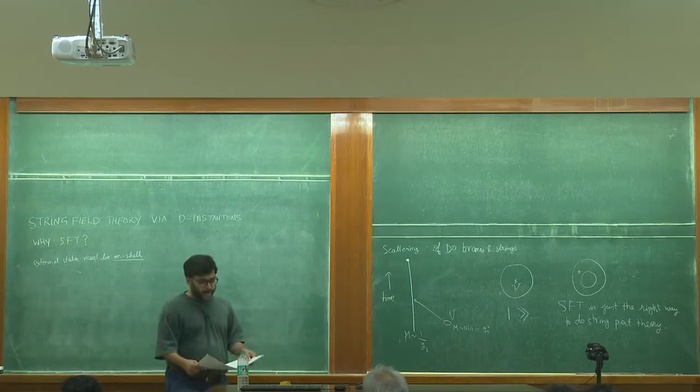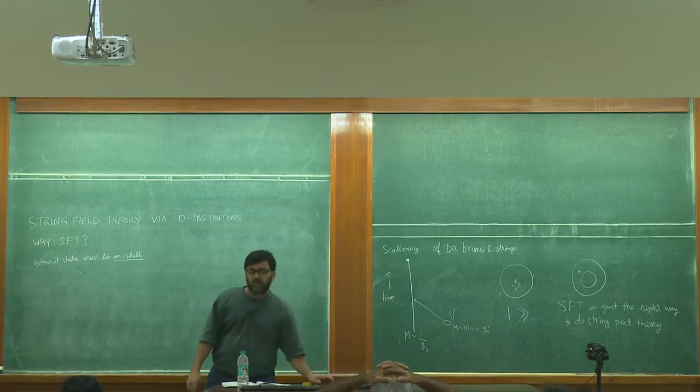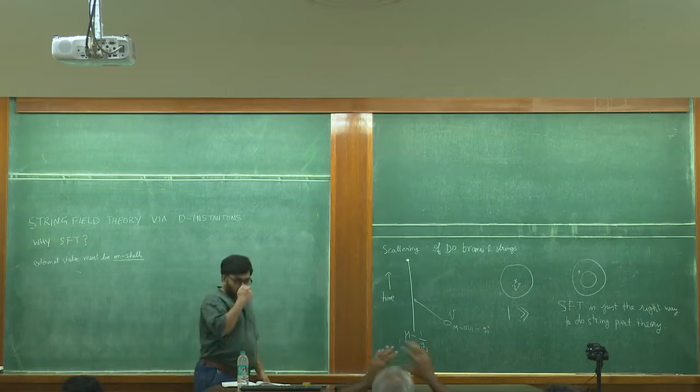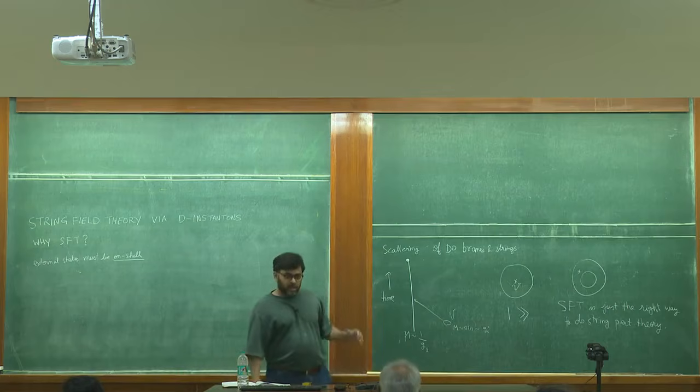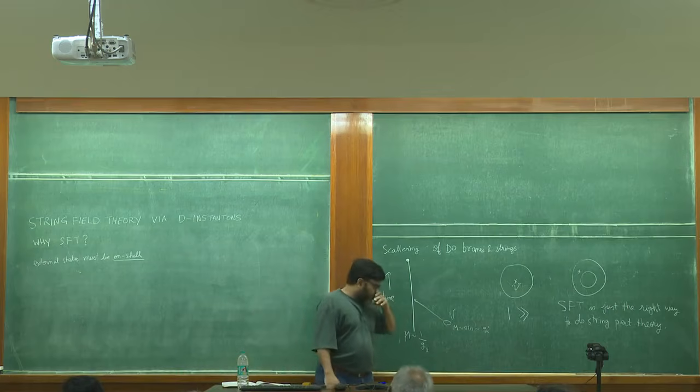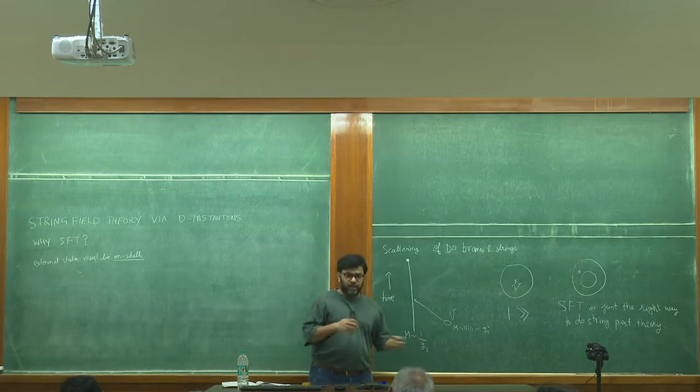Historical thing: in the old days, for vacuum shifts and all, there was this thing called Fischler-Susskind. It was very confusing, but this makes it very precise. They were talking about the fact that different graphs in string theory can be divergent, but when you add everything up, it was supposed to be finite.